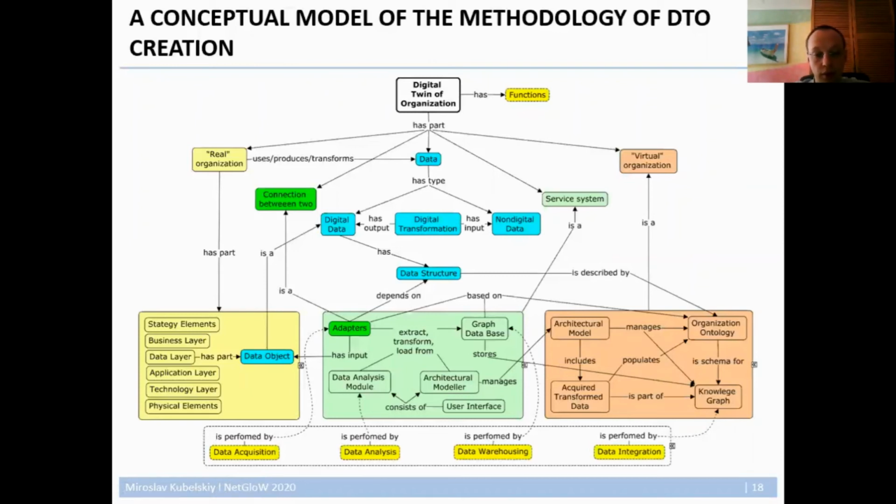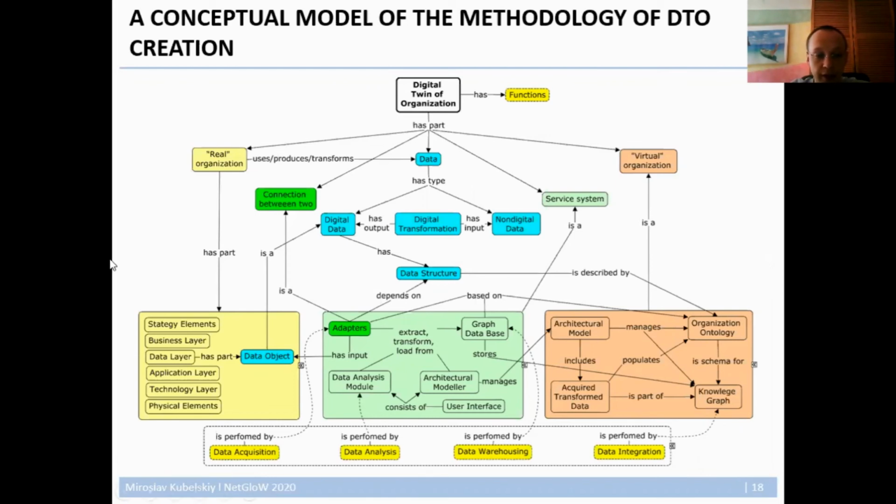The key point of the proposed methodology is to ensure interaction with the enterprise information systems, which ensures constant updating of the DTO. If the organization doesn't actively use information systems, then for building a DTO, it will have to digitize the available data, which can significantly complicate the task of building a DTO.